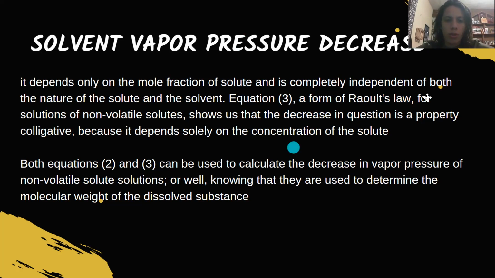Equations 2 and 3 can be used to calculate the decrease of the vapor pressure in non-volatile solid solutions, or, knowing it, they are used to determine the molecular weight of the dissolved substance.